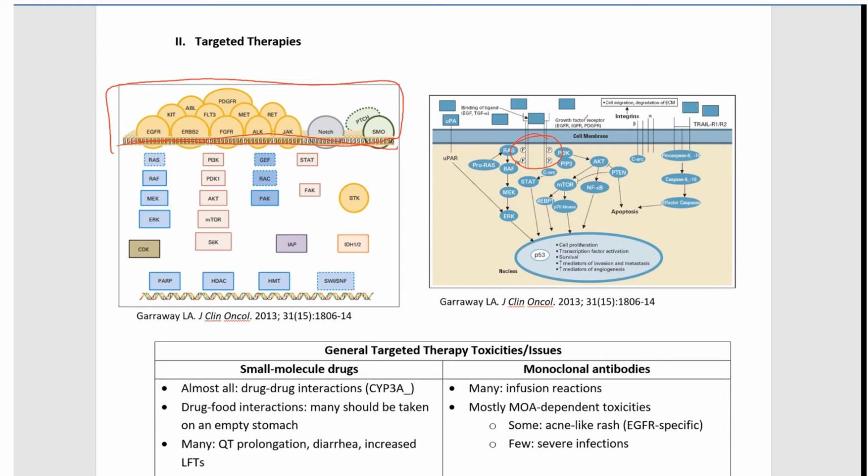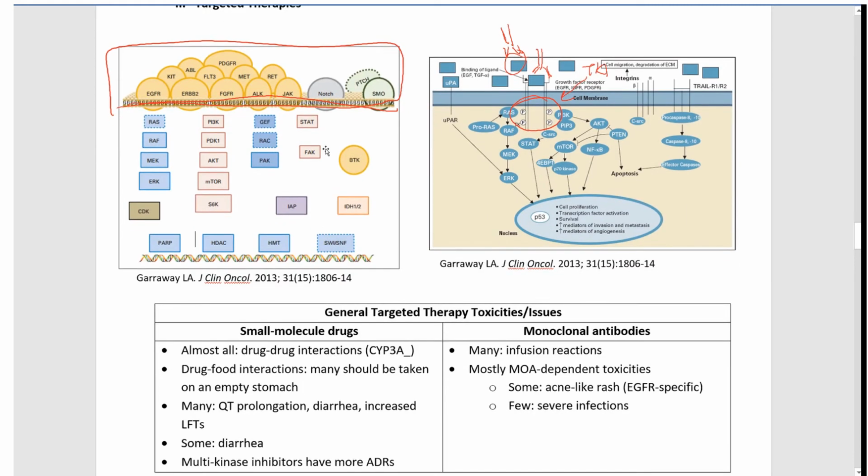So your small molecules would work here. These are your TKIs, or tyrosine kinase inhibitors, or you would also have your monoclonal antibodies that would either bind to the ligand here, or bind specifically to the receptor itself. And so those would be the drugs that would target the extracellular or transmembrane targets.